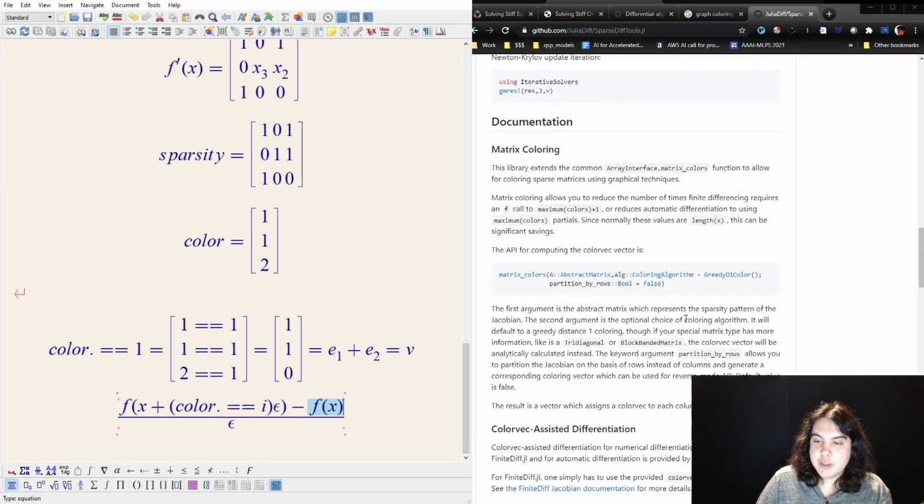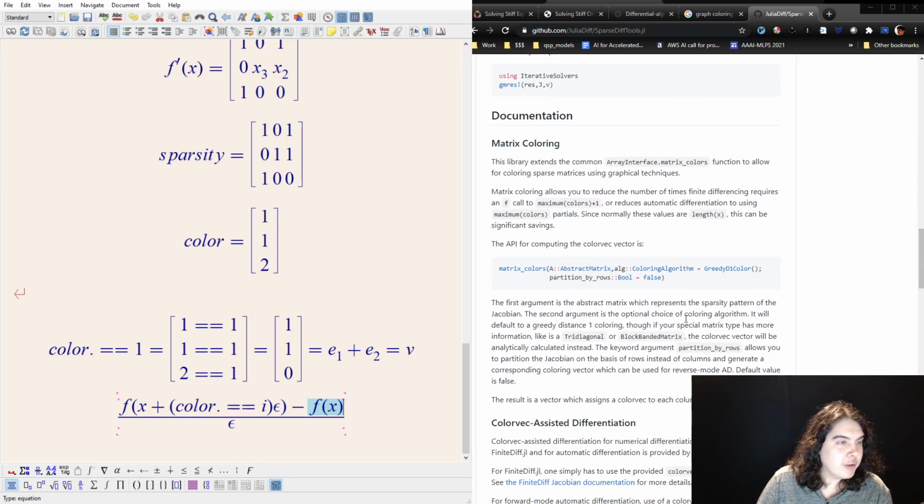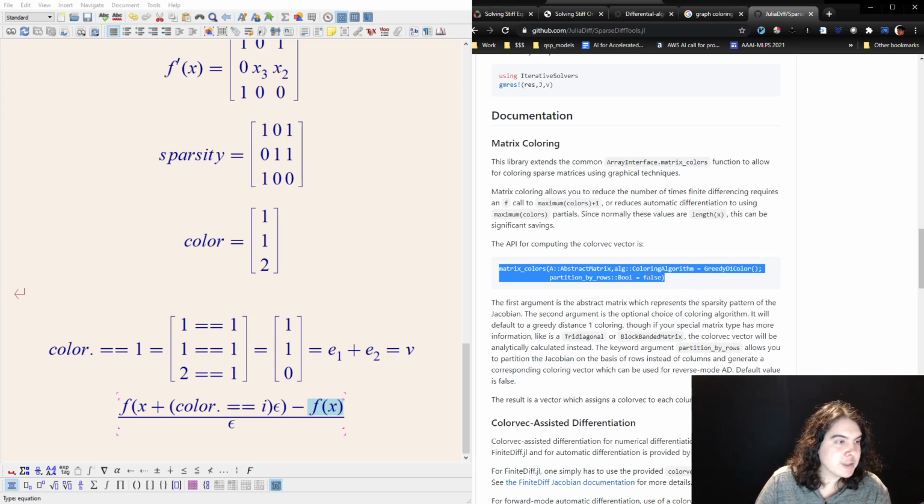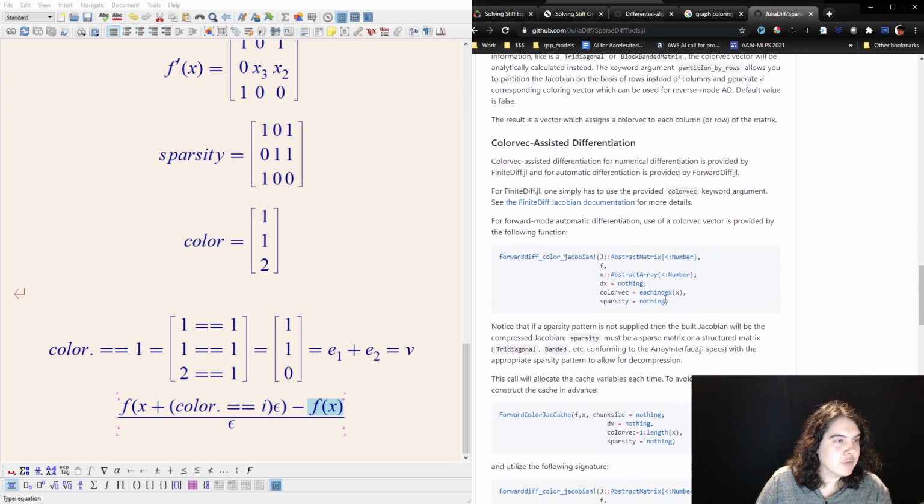So for example, what these kinds of packages are looking for is, first, they have functionality for giving you this color vector given a sparse matrix, and second, they have methods for building a Jacobian: tell me what your color vector is and tell me your sparsity. Why does it need the color vector? It needs the color vector to know which directions to do the derivative in. And why does it need the sparsity pattern if it has a color vector?